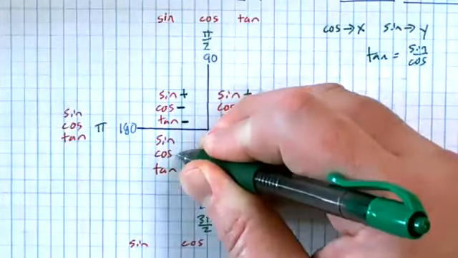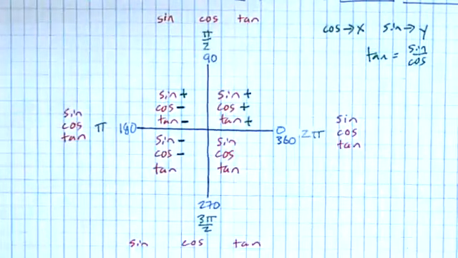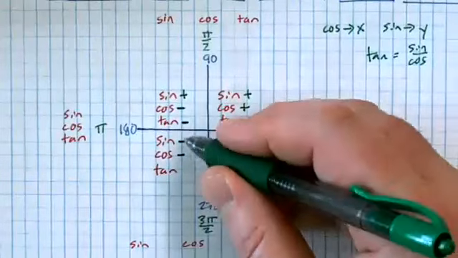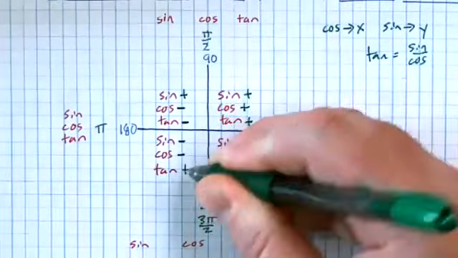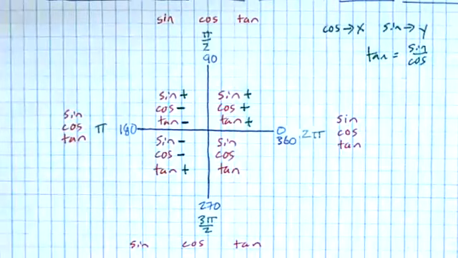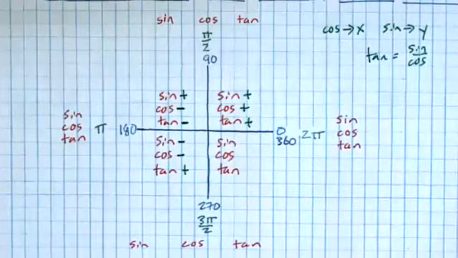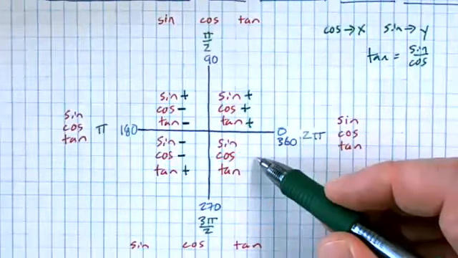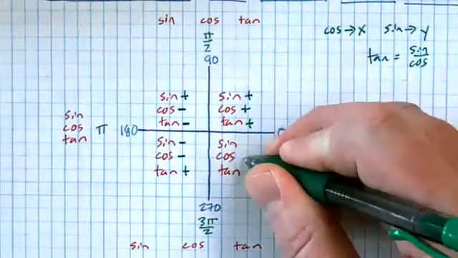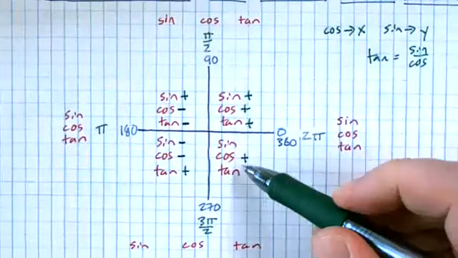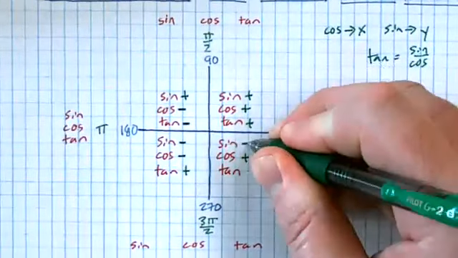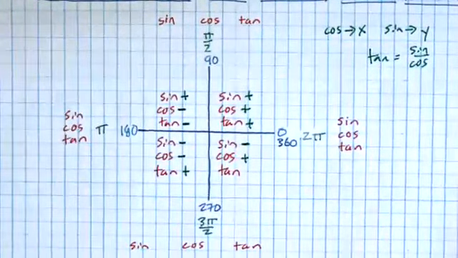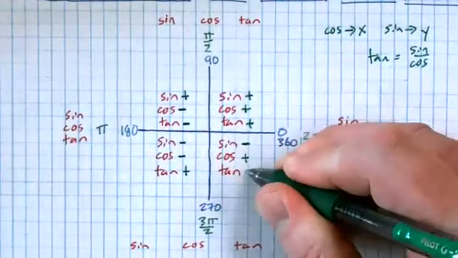The x was cosine and the y was sine. We said they were both negative. And sine over cosine, negative over negative is going to be a positive tangent. In this quadrant, the x coordinates are positive, so the cosine would be positive, but the y coordinates are negative, so the sine would be negative. And then tangent is sine over cosine, negative divided by positive would be negative.